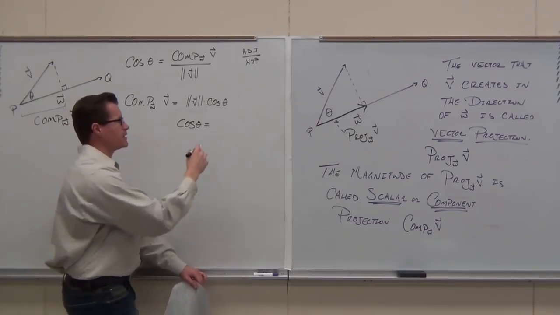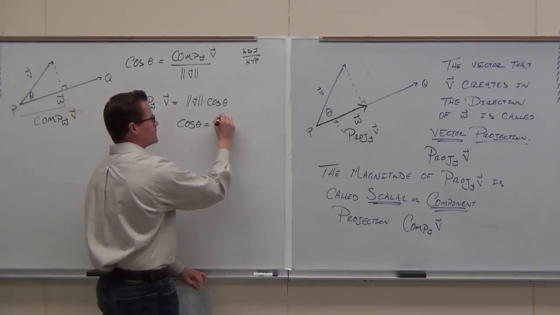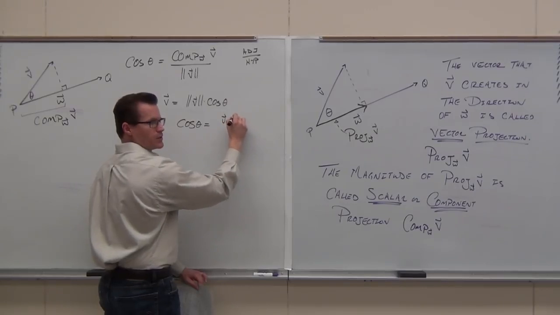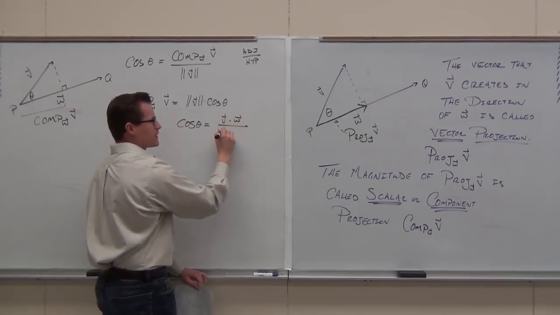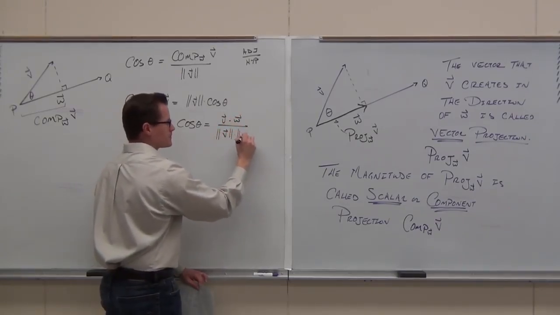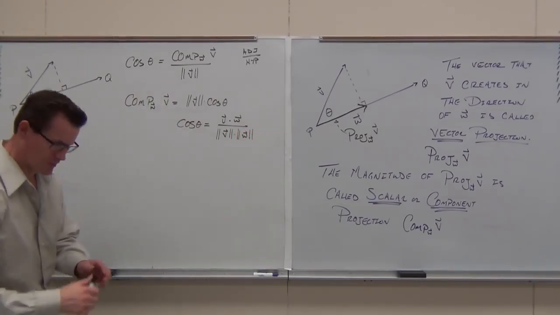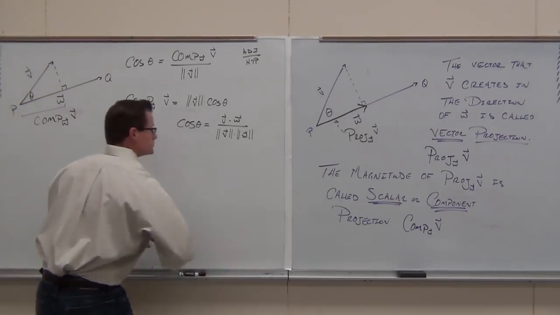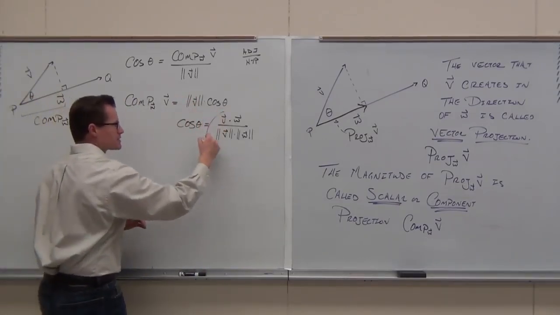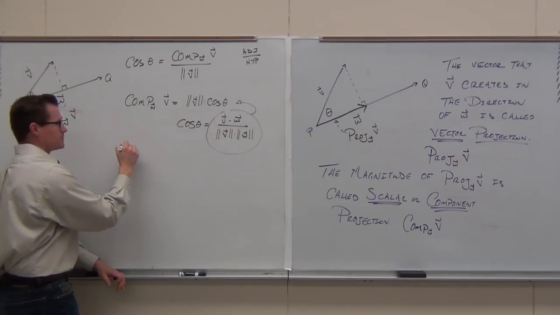This is pretty cool. In fact, we know that cosine theta is v dot w over the magnitudes of those vectors. So if we continue, we got this. Let's just substitute it. Let's put this thing here.